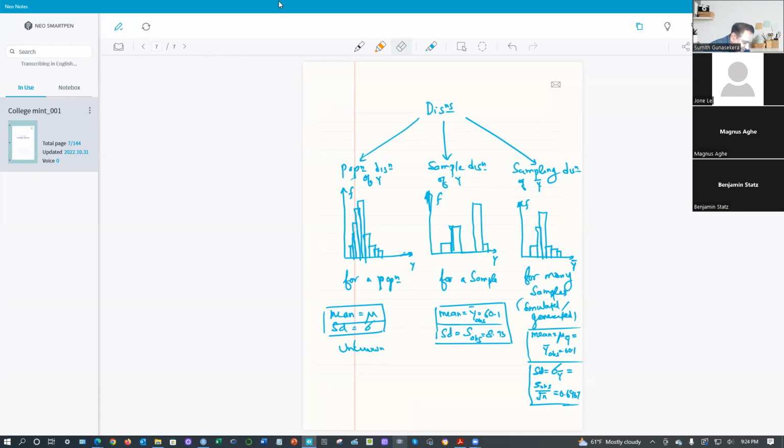Then here we can say Y bar obs is a point estimate of mu, the mean. Then S obs is a point estimate of sigma.